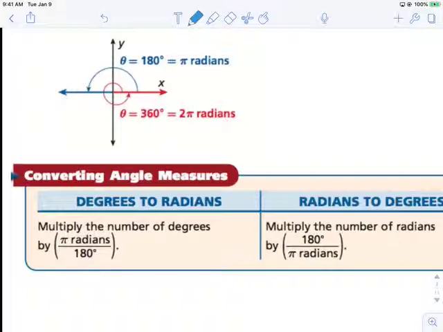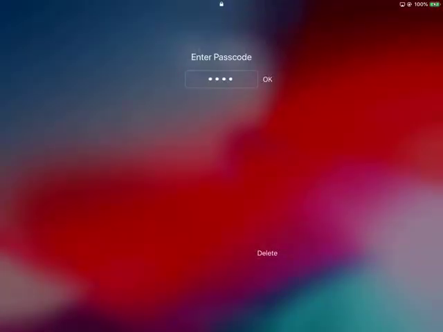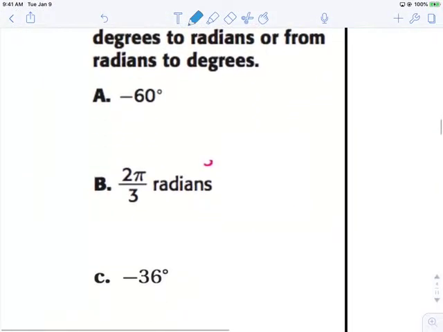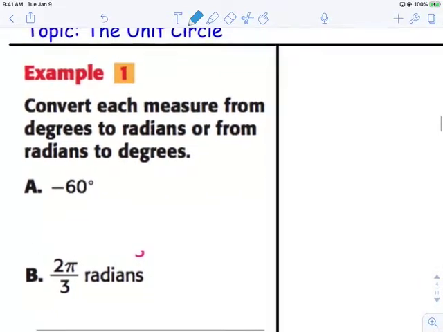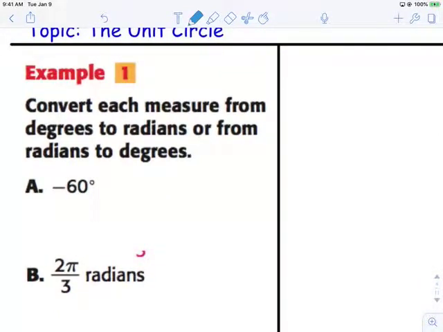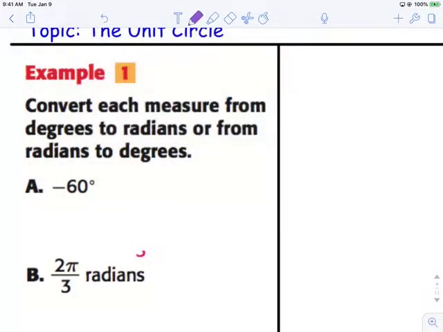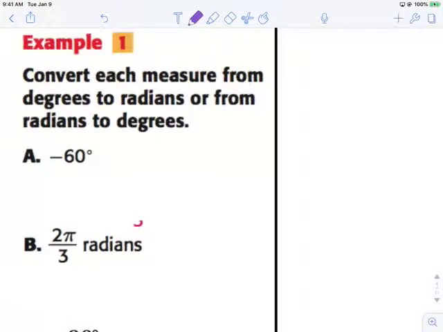You could do it kind of in parts, right? So we'll practice a couple. So for these two, let's do it together. Go from degrees to radians, or from radians to degrees. And I'll just walk you through these ones slowly, although you can probably do it on your own.